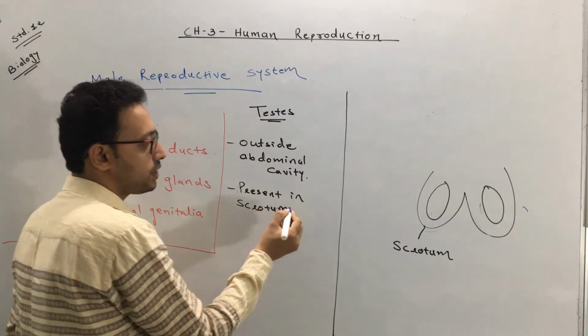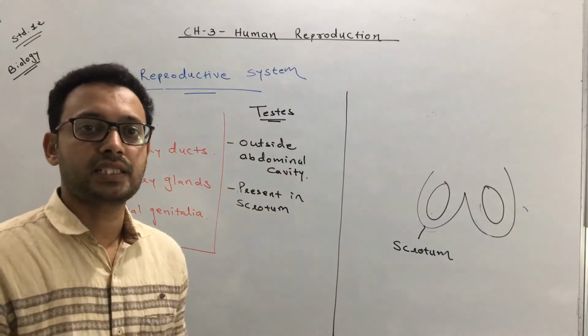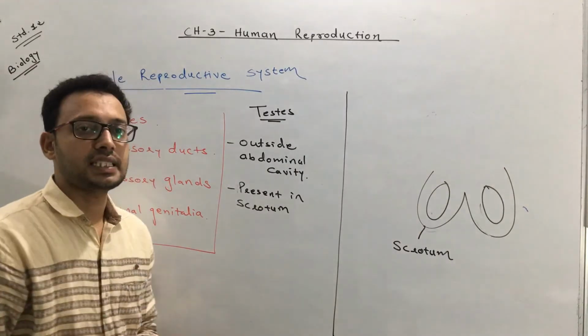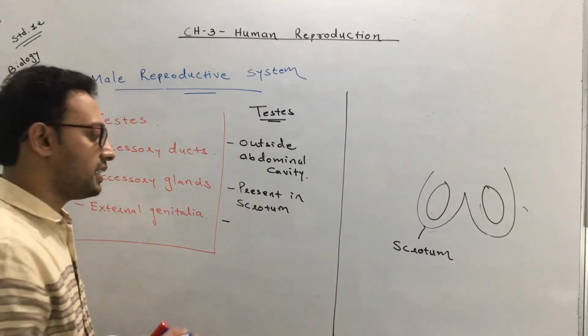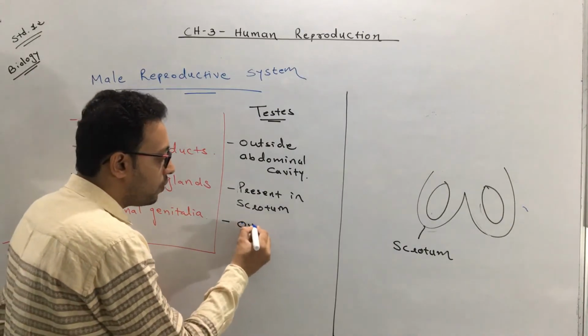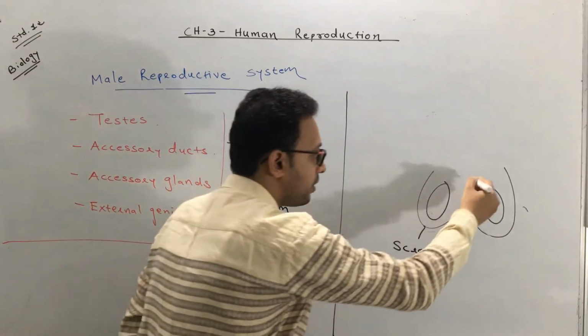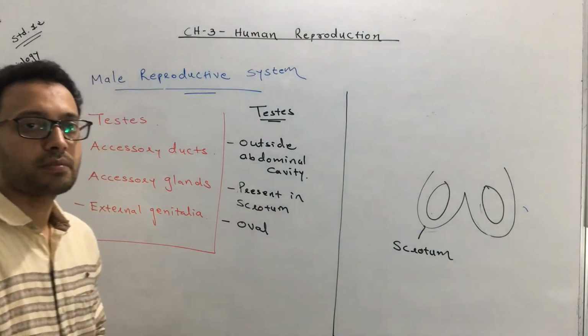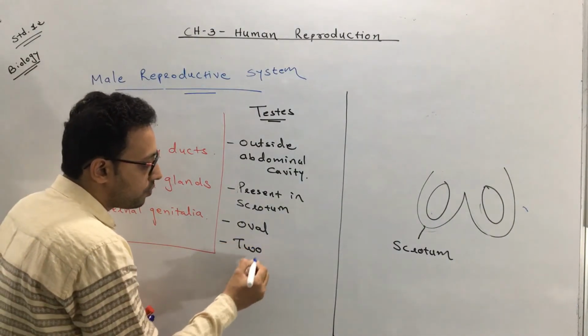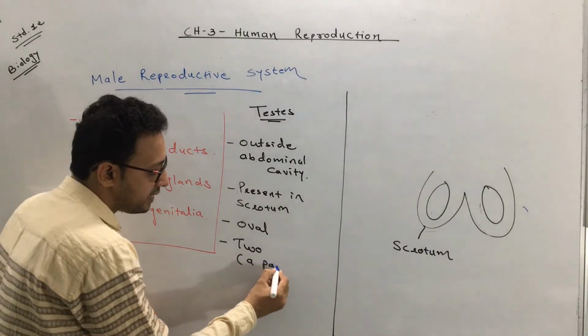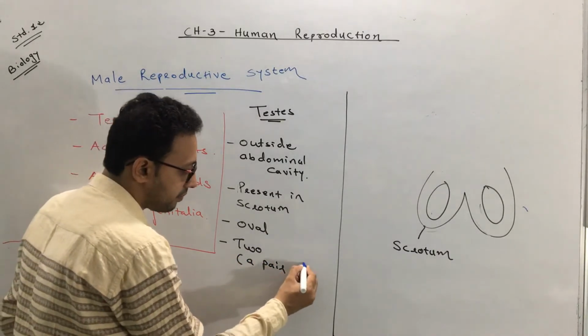Now, what is the scrotum? The scrotum is a pouch-like or bag-like structure in which the testes are located. What is the shape of the testes? Oval in shape. How many testes are present? Two, a pair of testes are present.